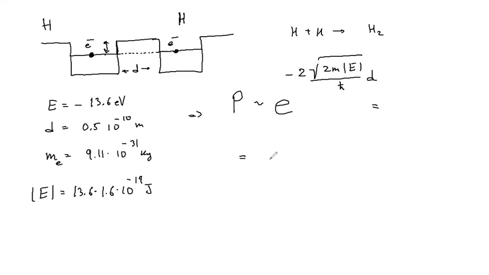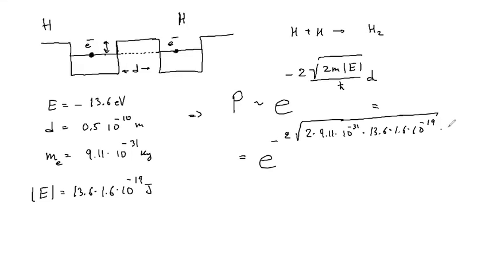So the probability would be factor 2, twice 9.11 times 10 to minus 31, times 13.6 electron volts, 13.6 times 1.6 times 10 to minus 19, times distance, the Bohr radius, and then you divide it by, it's very scary, the Planck constant.